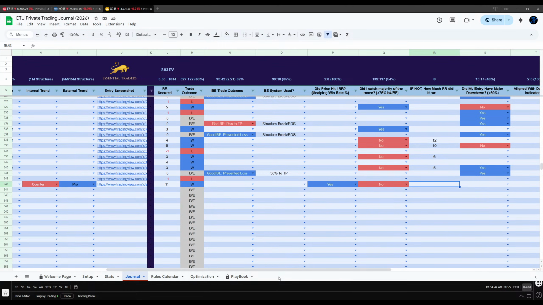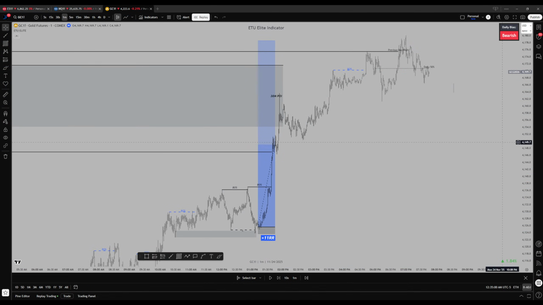It's probably a lot of R, to be honest. Yeah, it went over. It went 25 R. Actually, more than that. Go back to the chart here. It literally went 29, 28 risk reward.